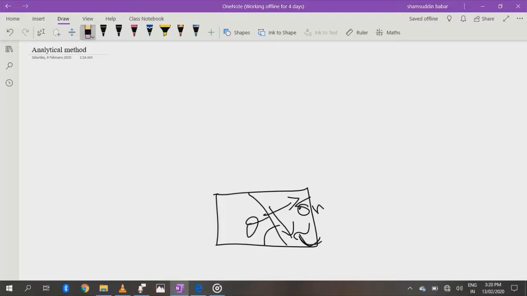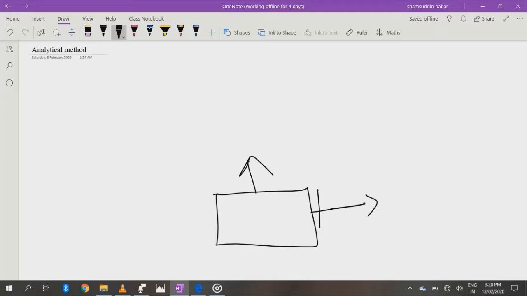I told you there are a total of 5 cases. In case 1, the case we are going to study in this lecture, 2 direct stresses and 1 shear stress are applied on a body.